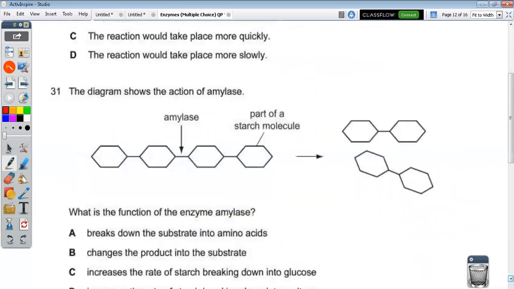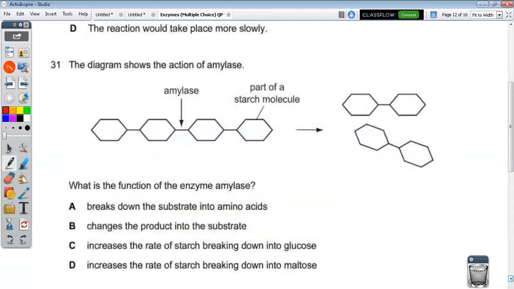Now, there you've got a diagram that shows the action of amylase. What is the function of the enzyme amylase? Some of you were forgetting that we said starch. If you check your notes, everyone, starch plus the enzyme amylase gives maltose, it's never glucose.